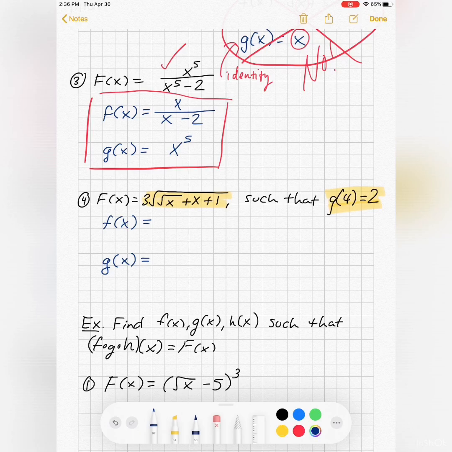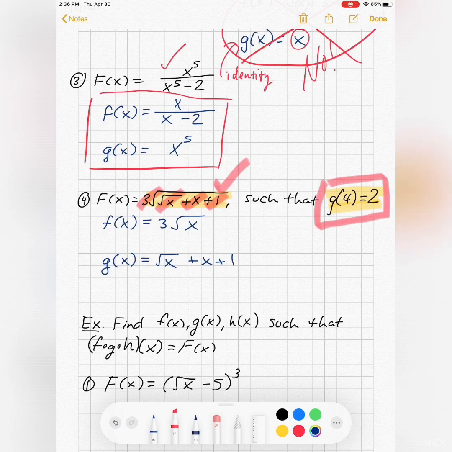So I don't know. First thing I think is maybe the inner piece is root x plus 1, then the outer piece would be 3 root of that quantity. Okay, that would give me the right composition. But what about this condition? So if I find g of 4, oh, that's 7.